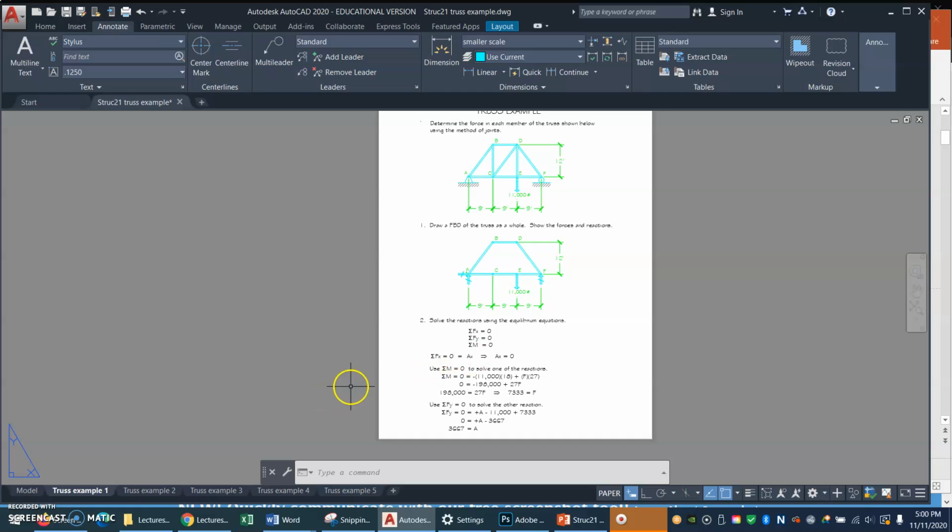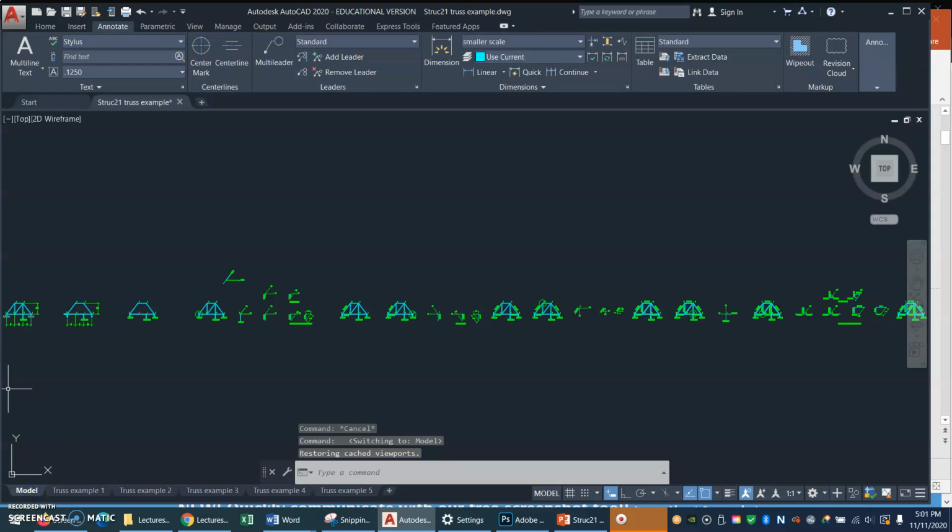If you want to, you can just go steal this formula and paste it into your drawing, if that's easier for you than inserting your own symbol. In model space here, here's me doing all the steps, doing a free body diagram, tip to tail, and so on.